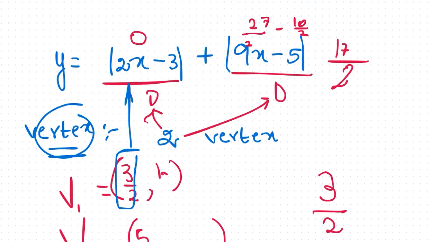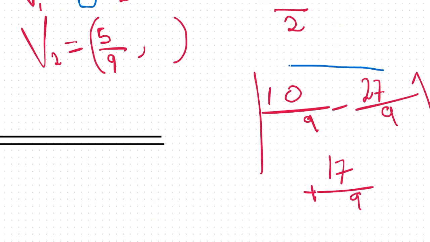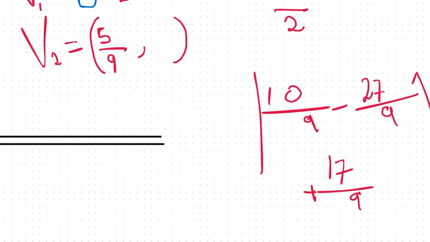So when you put x as this 3 by 2, this becomes 17 upon 2. So this is the coordinate of the first vertex. What about the coordinate of second vertex? Inside the absolute value, if you put 5 by 9, you get negative 17 upon 9. But the answer will be positive 17 upon 9. So right there. Copy that and get there.